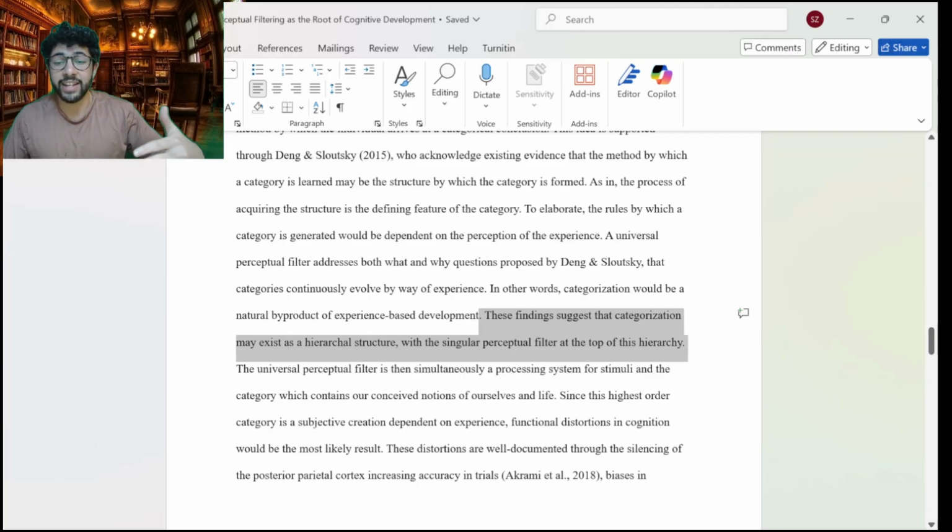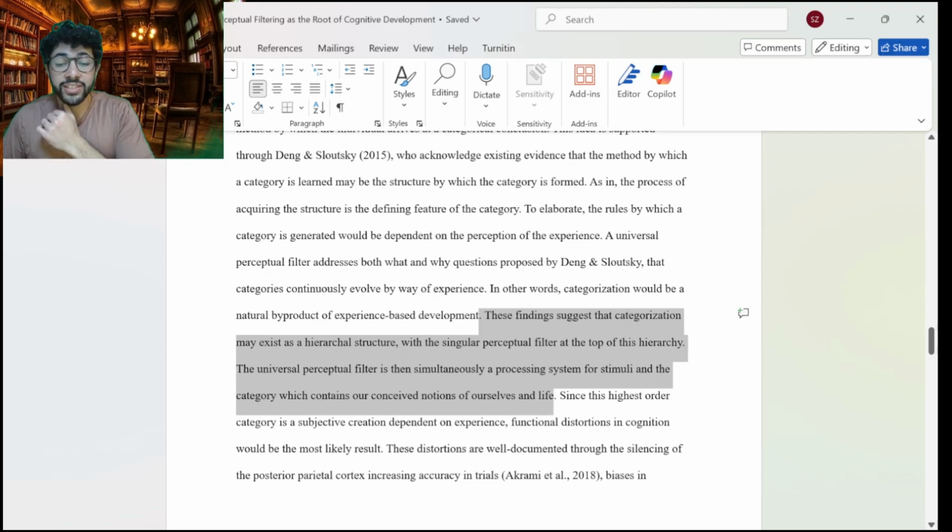I'm reinforcing the idea now that I've proposed evidence to suggest this conclusion. So the universal perceptual filter is then simultaneously a processing system for stimuli. This is why I want to go into information processing, and the category which contains our conceived notions of ourselves and life. This is our sense of self that I'm referring to here.